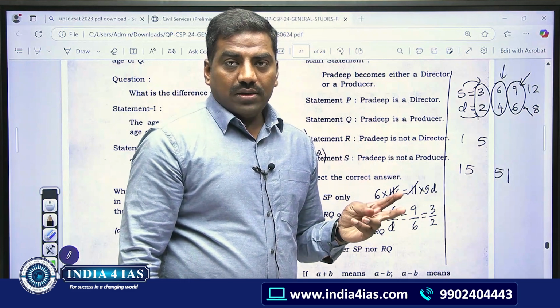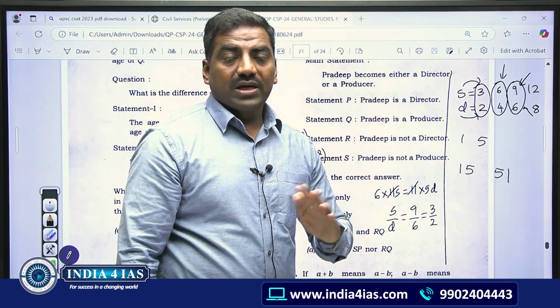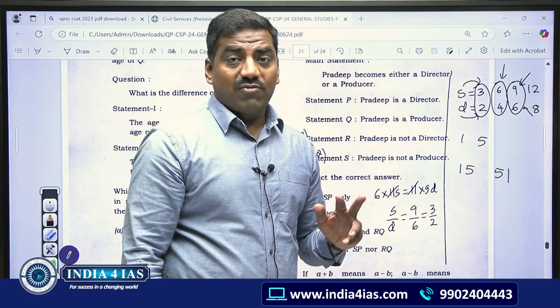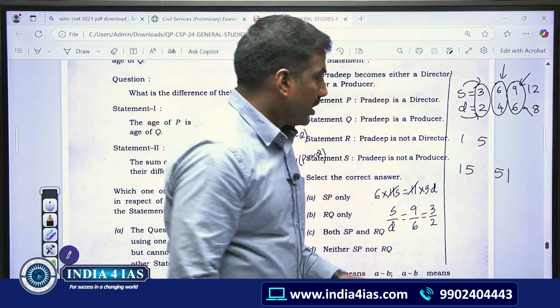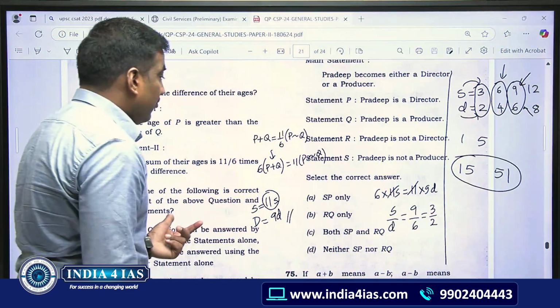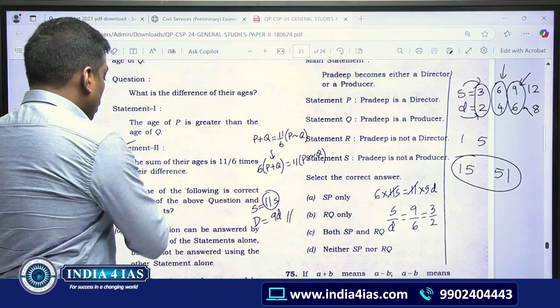Think of 2-digit numbers whose sum is 12 and difference is 8. We cannot get any such number. The maximum is 9 and 1: the difference is 8, but the sum is 10. We cannot get that. So 15 and 51 are the answers that we get from statement 2.